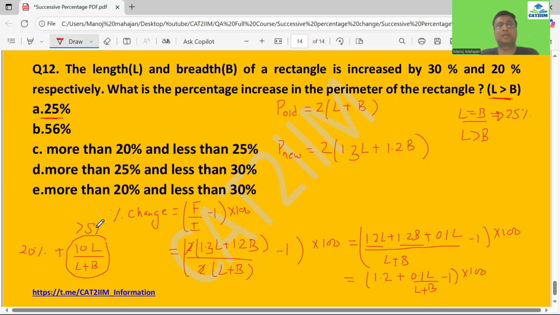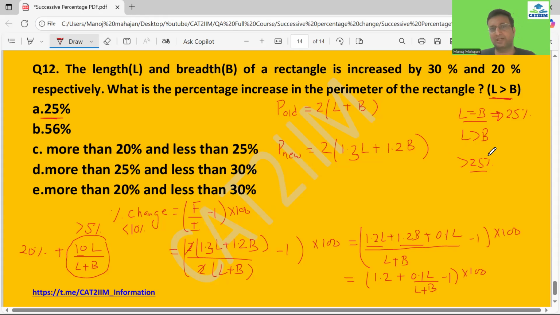It could be even higher, but surely if length is more than breadth, it has to be more than 5%. So when you add more than 5%, the value would become more than 25%. And 10 is being multiplied, so this would be surely less than 10%. It cannot be 10 also because L upon L plus B is a fraction between 0 and 1.